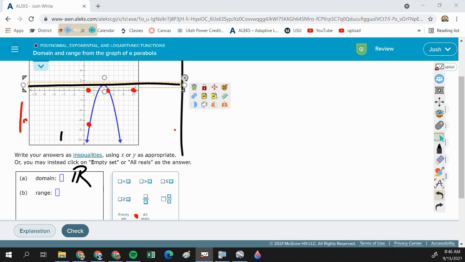So everything from 1 down on the y-axis has a spot on the graph. So you would just pick the right inequality. And how do I know it's equal to? Is there a point at 1? Yes. There's always a point unless it tells you otherwise.